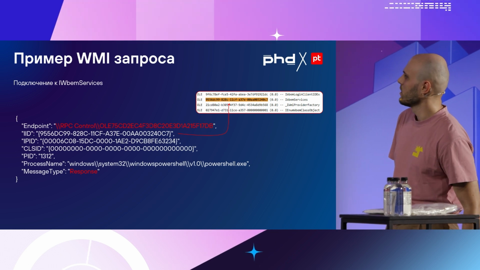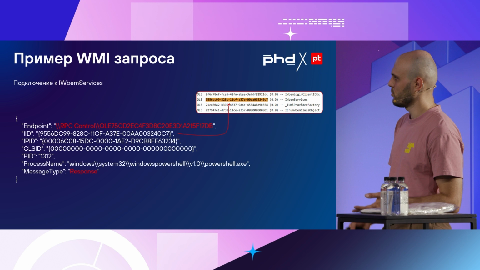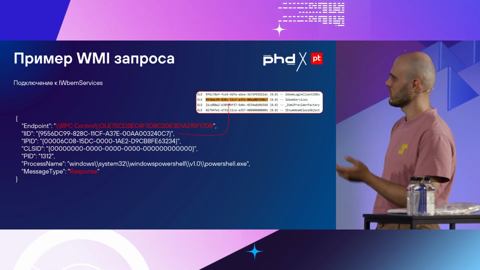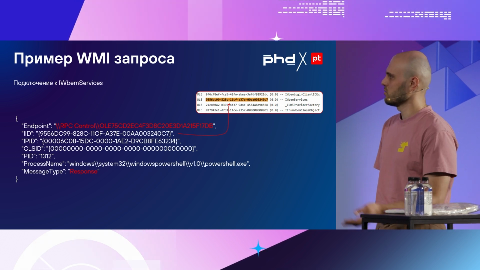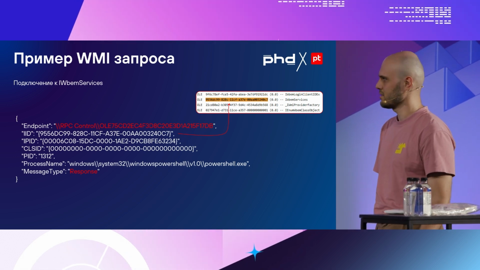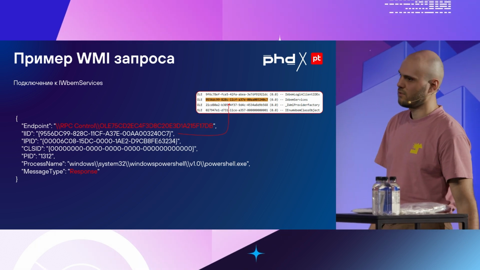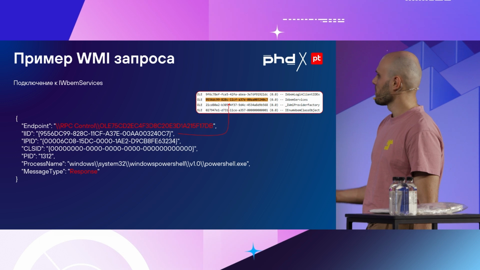Then there is a connection to IWbemServices. It's the package response once again, but it's not the endpoint mapper now, it's the endpoint of COM objects. The IPID of the interface is logged, it's the unique ID of the interface on the server. You can see that the CLSID is 0. It's not valid anymore, it's not used anymore.